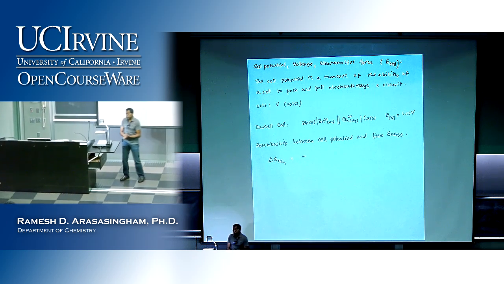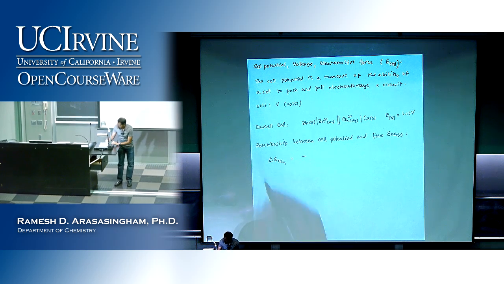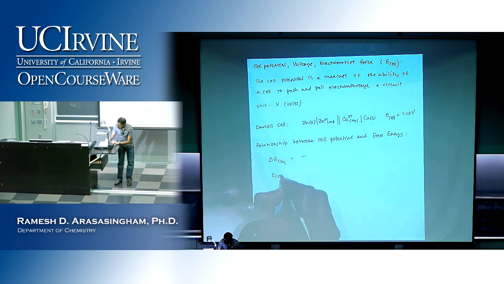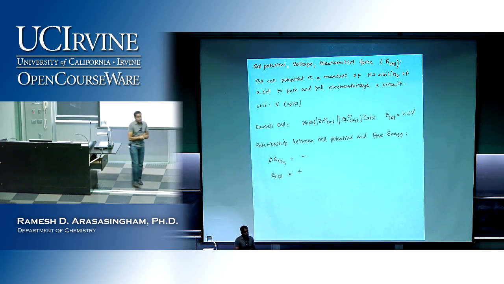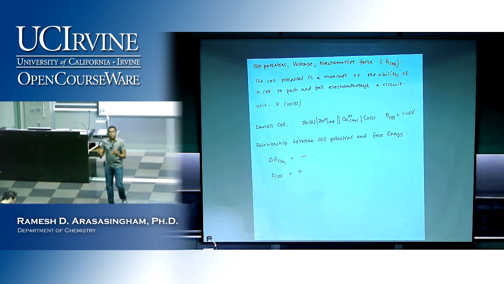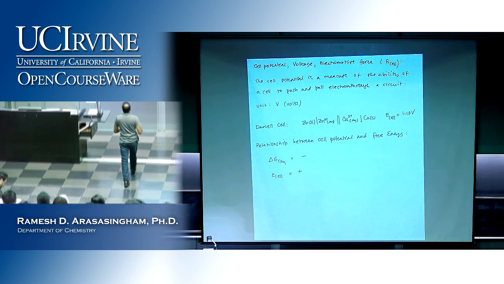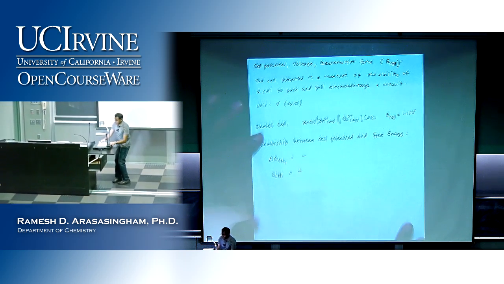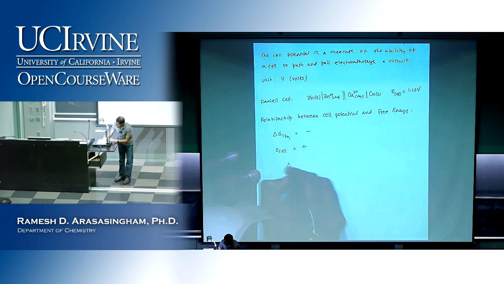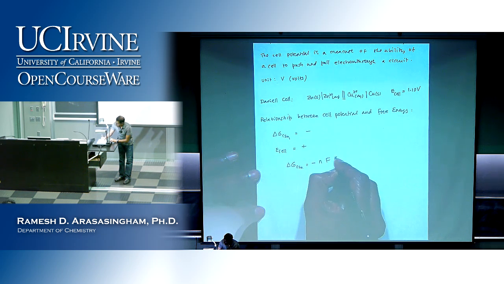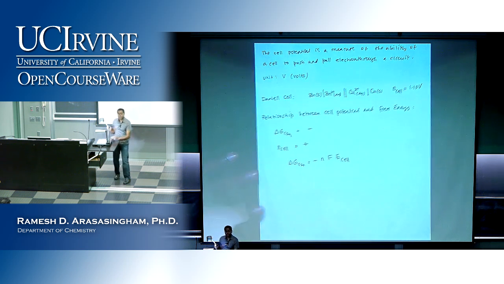If delta G is negative, then your cell potential has to be positive. That's why if you're dealing with a galvanic cell, you have to make sure that your cell potential is positive. Got it? And the relationship between the two is given by delta G reaction equals minus nFE cell.